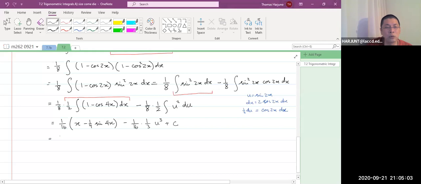This is equal to 1/16 x minus 1/64 sine 4x minus 1/48 sine cubed of 2x plus constant.